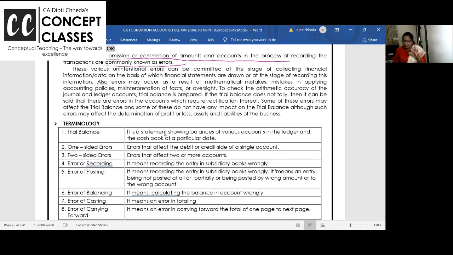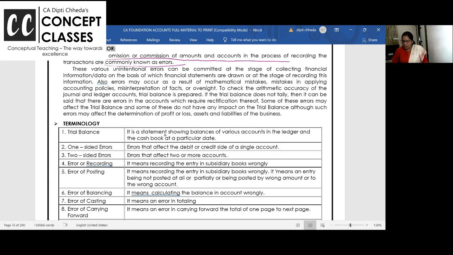Now there are some errors which may be there and still the trial balance will tally. And there are some errors which will throw the trial balance out of order. So we should analyze in this way. In the coming 15-20 minutes, we will see the types of errors, and with each type we will see whether it is going to affect the trial balance or not.